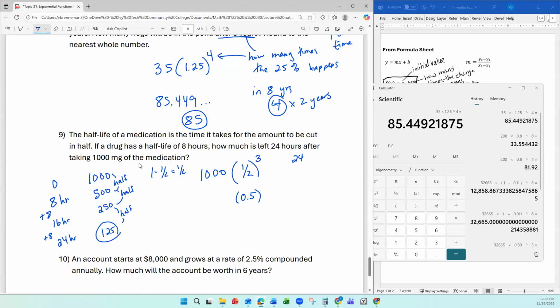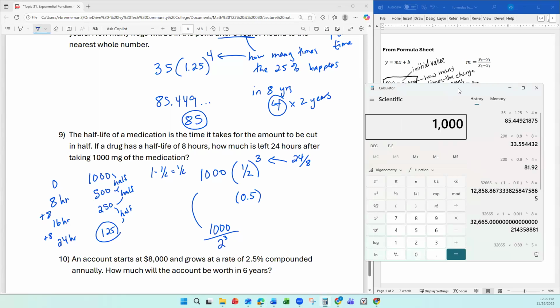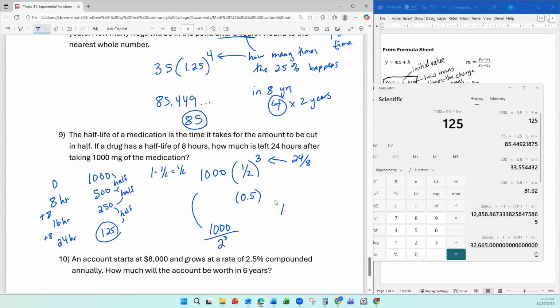We're taking the 24 divided by 8 is another way to look at that. How many 8s are in 24? So 1,000 times 1/2 to the third power. You could also do it as 1,000 divided by 2 to the third power. So you're thinking I'm dividing by 2, 3 times. So that divided by 2 is what's being repeated 3 times. Then you could do it that way as well. But 1,000 times 0.5 to the third power. So hopefully at least one of those methods makes sense to you. Then you can ignore the other ones.